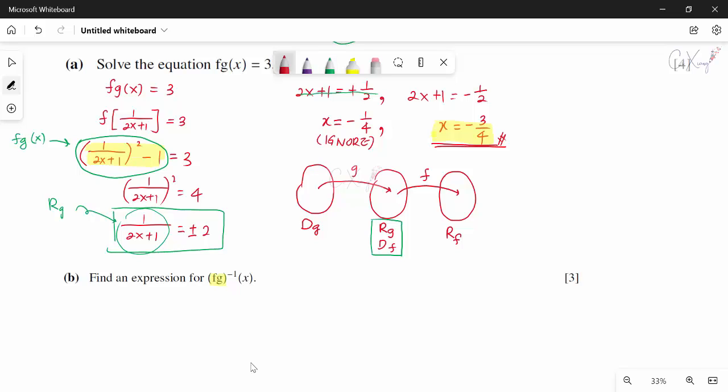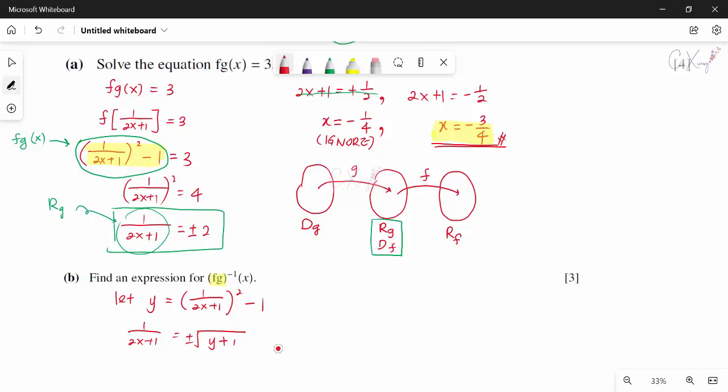Okay, so to find the inverse function, I will let y equals to the fgx. Then I will rephrase this one to become x equals to something in terms of y. I'm having 1 over 2x plus 1, I will have plus minus square root for y plus 1.